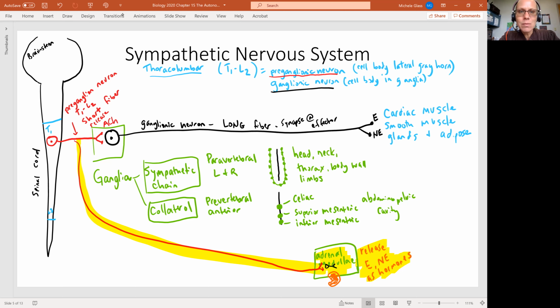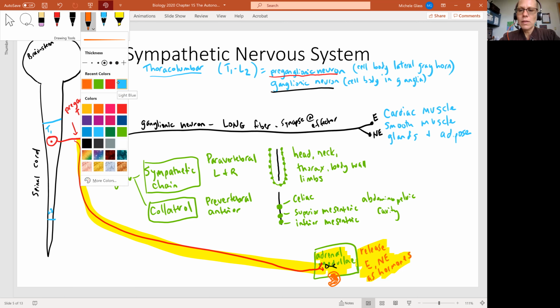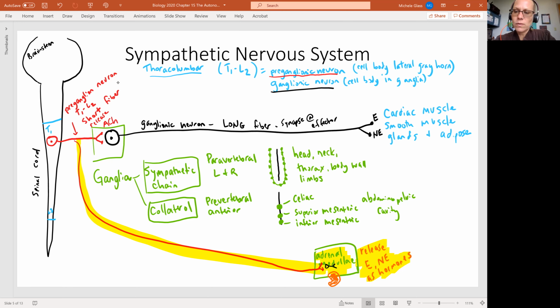Is it going to be stimulated or is it going to be inhibited by these signals? It's up to the cell. And so when we talk about these receptors that are involved in the sympathetic nervous system, we're going to say that these receptors are classified as either alpha or beta receptors.